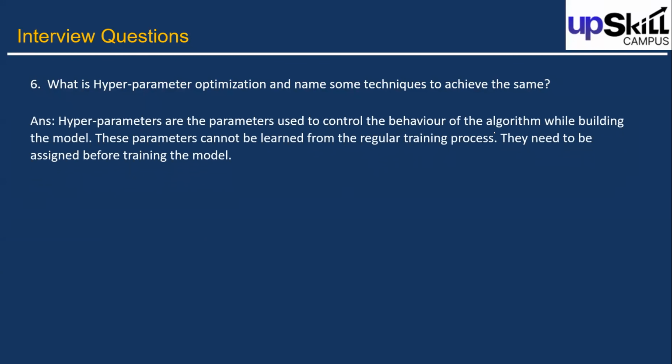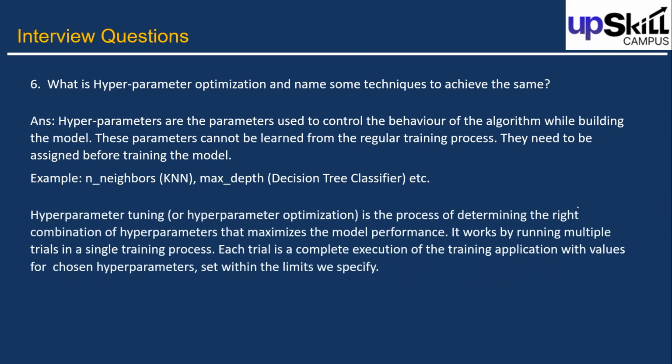Yes, sir. So basically, hyperparameters are the parameters used to control the behavior of the algorithm. These parameters cannot be learned by training. They need to be assigned before training. Some examples of hyperparameters would be n neighbors in KNN or max depth in decision tree classification.